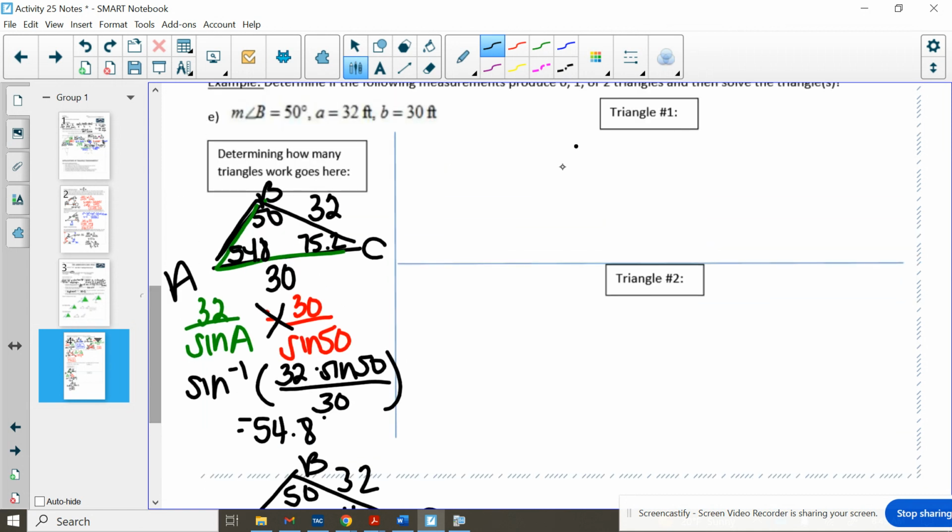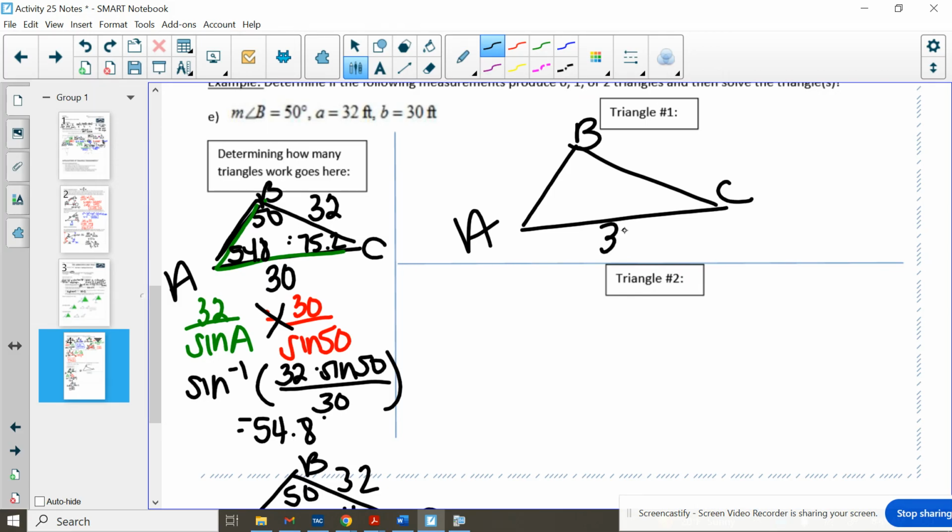So this is in fact a two triangles situation. Now our first triangle, we already started solving, right? A, B, C, we found that in this first triangle, we had some given info that wasn't going to change, the given angle of 50, 32, and 30. We then found these two angles already, 54.8 and 75.2. Really all that is left for me to find then is side little c across from my 75.2 angle.